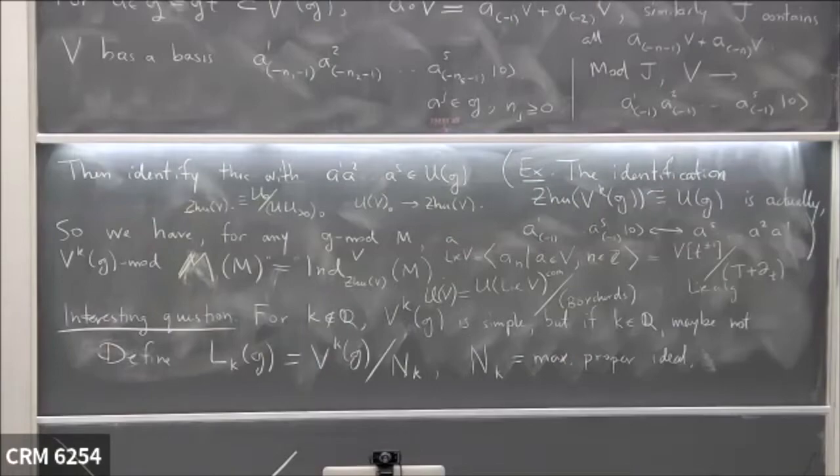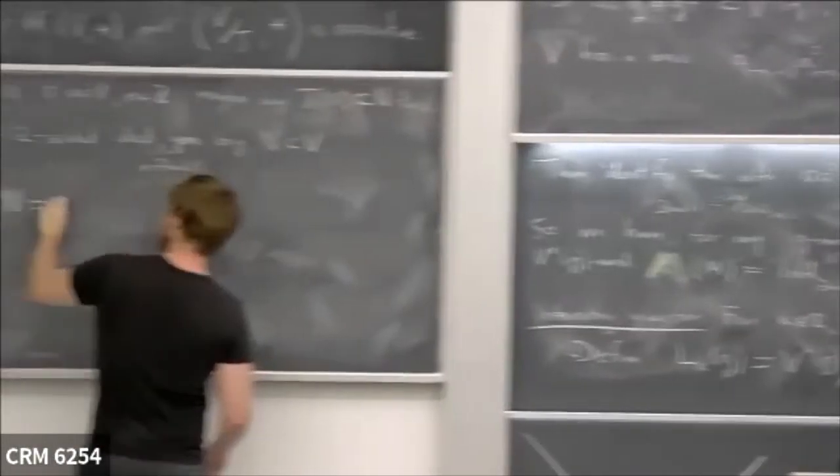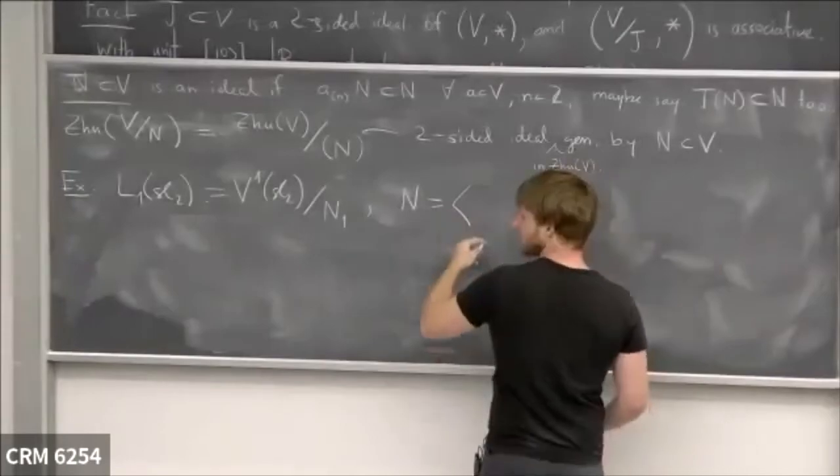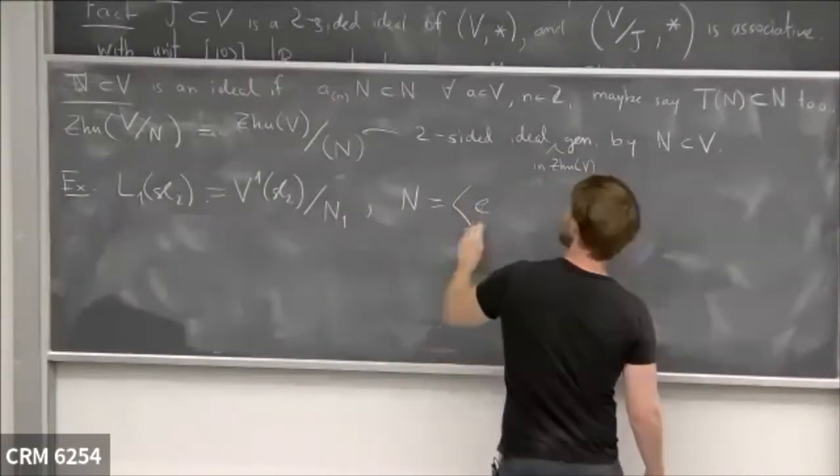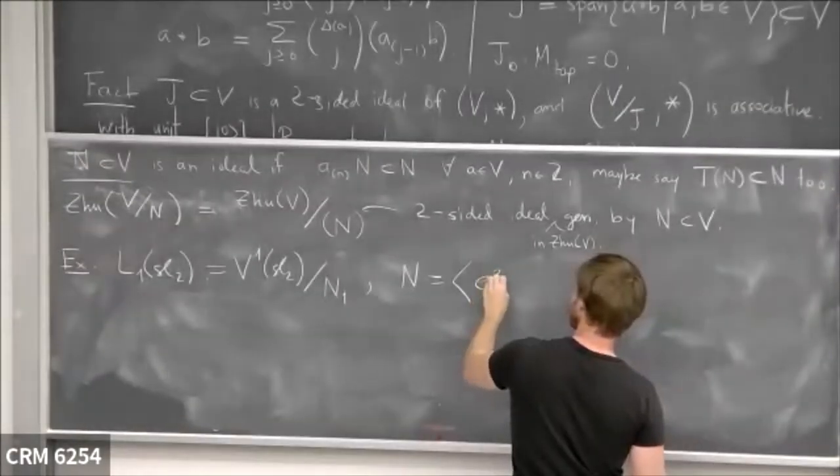So this guy is V_1(sl_2) over N, where N, it turns out, is generated as a g hat module by e_{-1} squared.